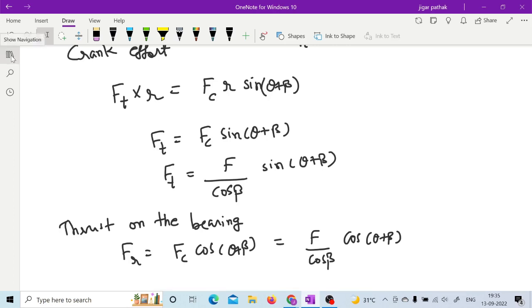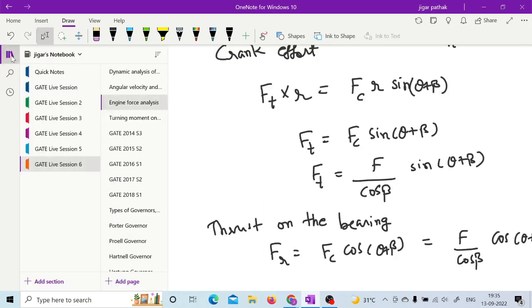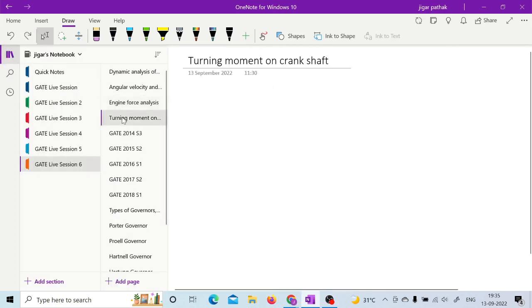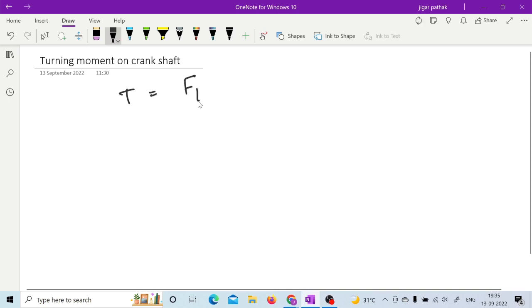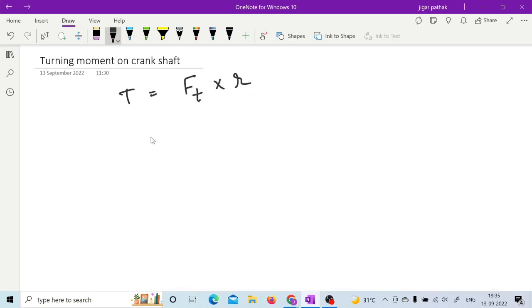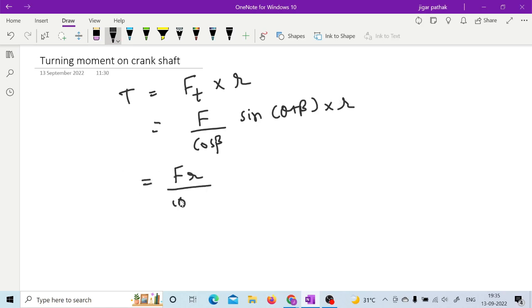So once you have this engine force analysis, you can also have an idea about the turning moment on the crankshaft, which we have written as Ft into R. So if you remember, Ft we have written as F upon cos beta into sine theta plus beta, into R. So now this can be written as F R upon cos beta, right?